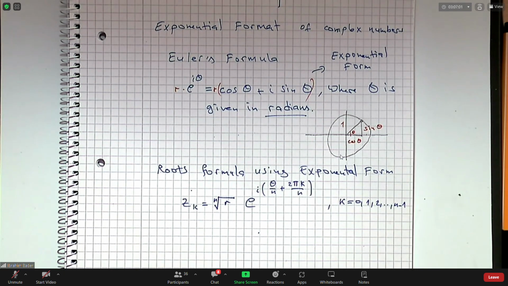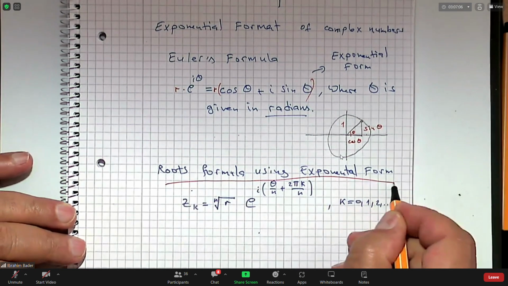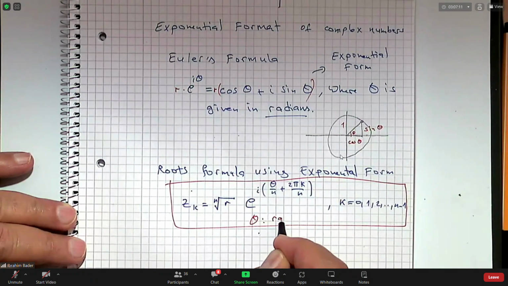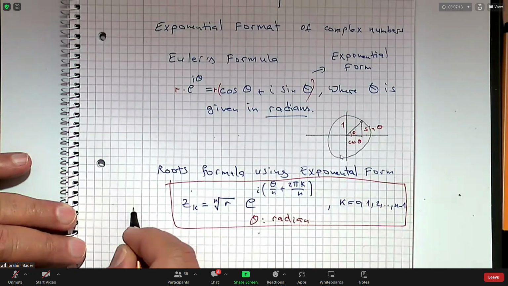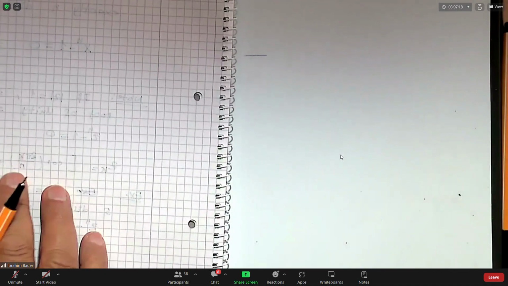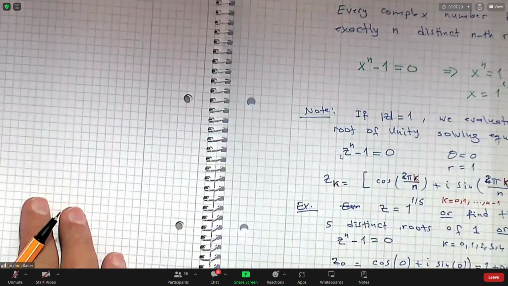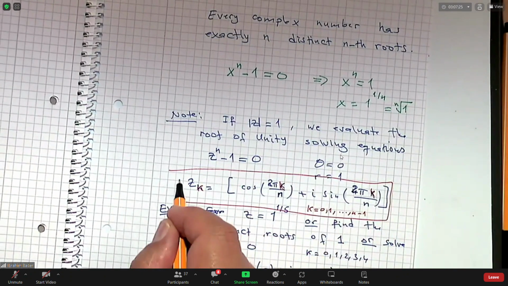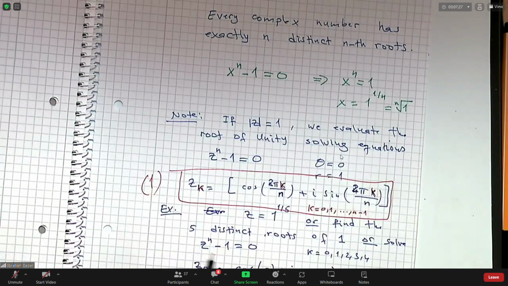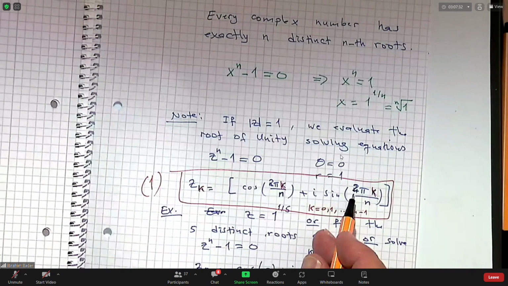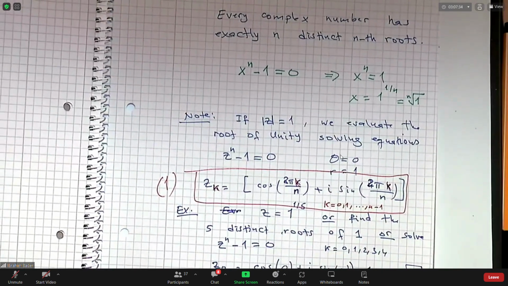So that means if you want to evaluate the roots, either you use this formula, with theta in radians, which is the second formula, or you use the formula that we used before, where you can use theta in degrees.